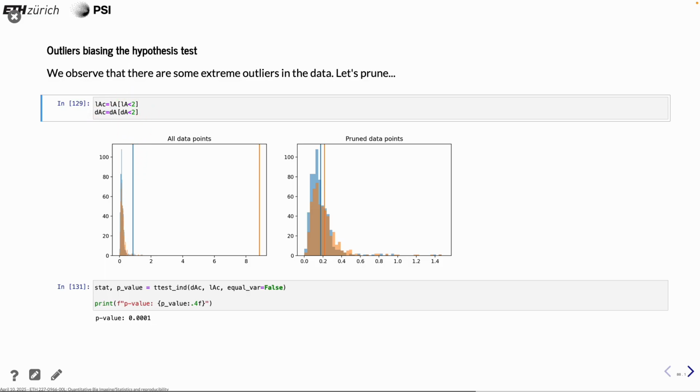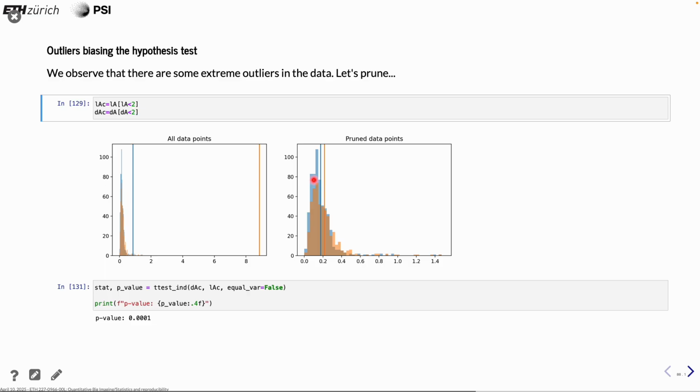And here I say reasonable because you have to be careful if you cut out data from your measurement. But if you have data points which are, say, 10, 20 times larger, you can quite safely say that they are outliers. So I set the threshold here: all values greater than 2 are rejected as outliers.